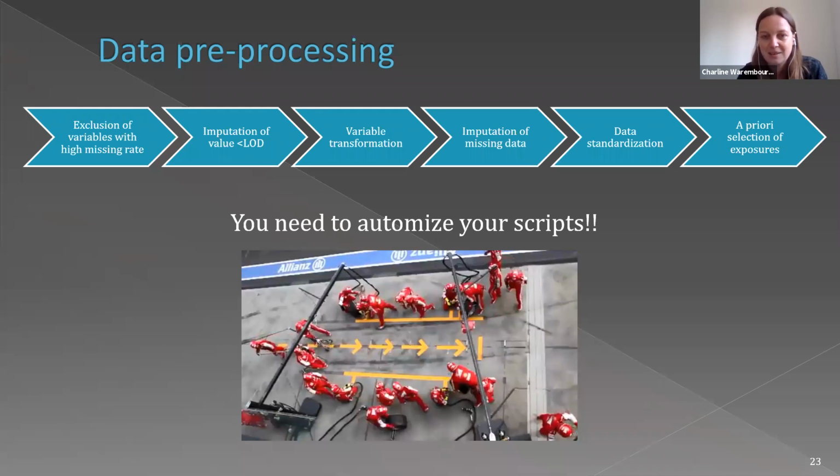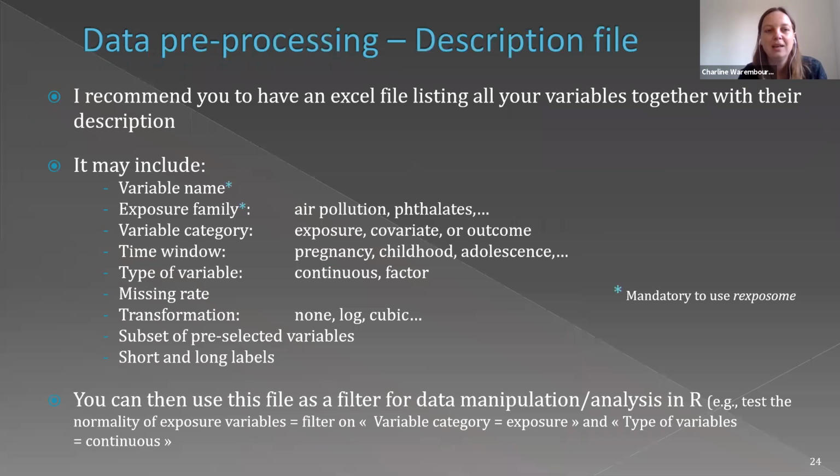This is, I think, the best advice I can give you. And to do so, what we did in ELIX is that we created an Excel file listing all the exposures, but also the covariates that we collect in the project, and we put all the useful information for us to manage all the analysis.